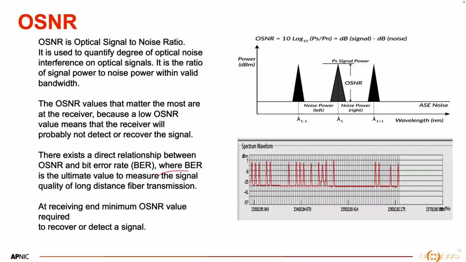We talked about the characteristics of light, right? Attenuation, dispersion, polarization, and non-linearity. The light doesn't have any characteristic of noise here, right? I hope that answers your question.